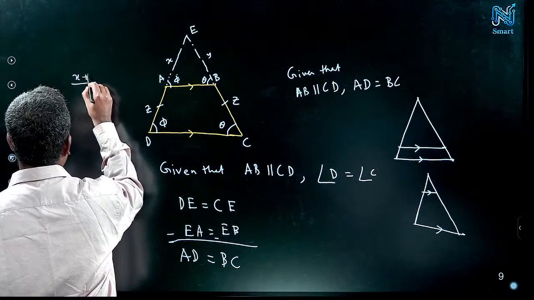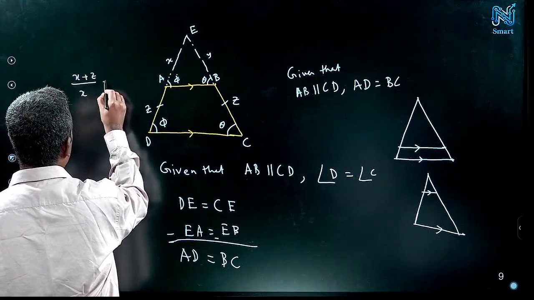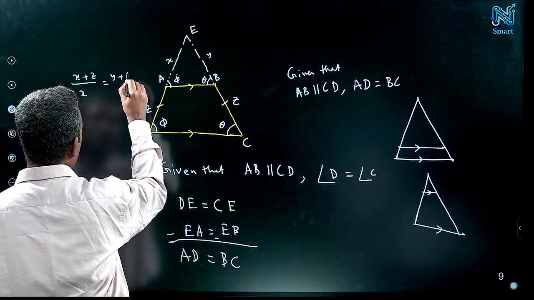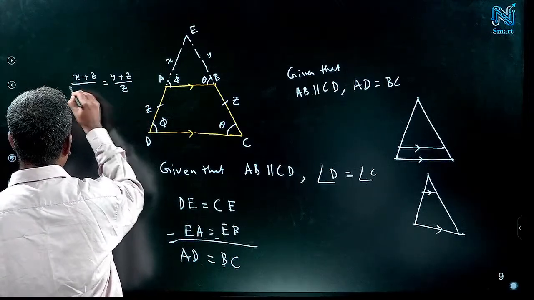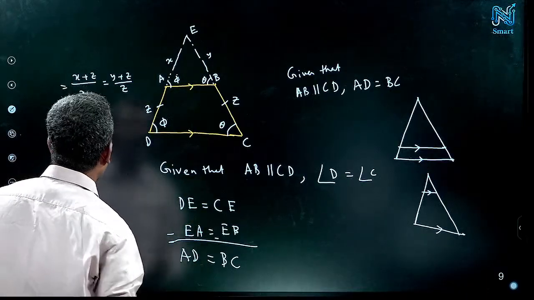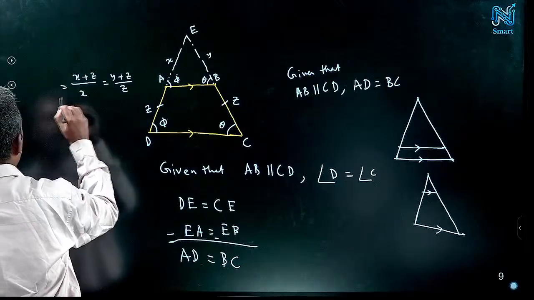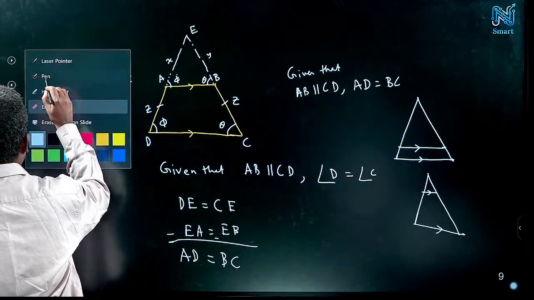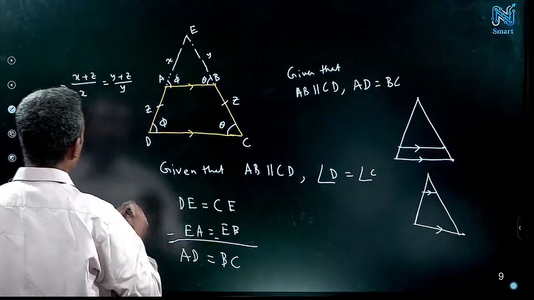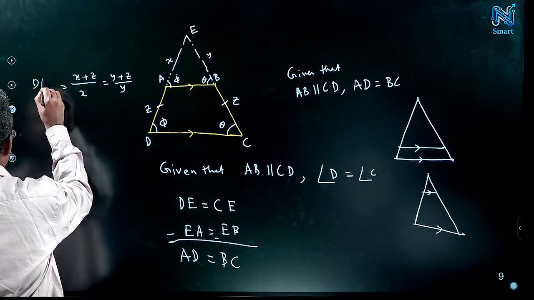X plus z by x is equal to y plus z by z. Y plus z by z is equal to y, which is AB by DC, DC by AB.